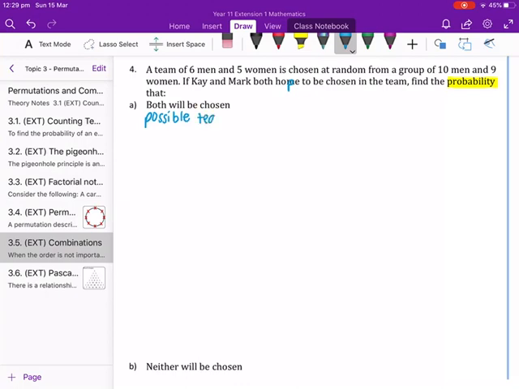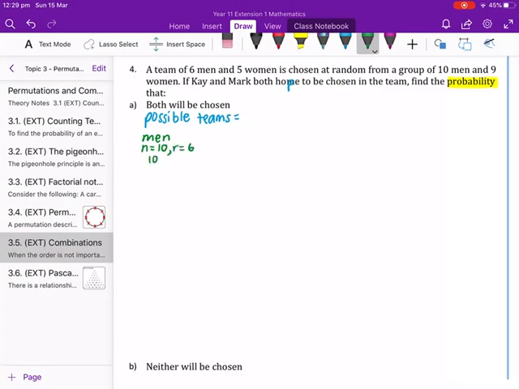So the number of possible teams is that we have our ways our men can be chosen and our ways our women can be chosen. So off to the side, for our men there's N equals 10 men and R equals 6.